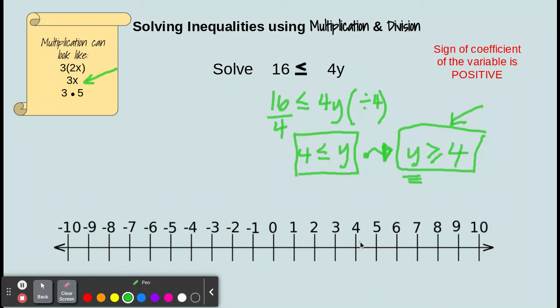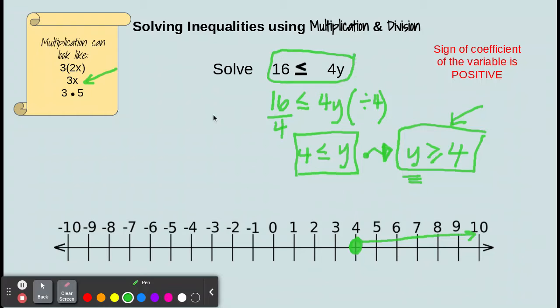So where's 4 on our number line? Here it is. It's greater than or equal to, so we need to color in the circle because our solution can include 4. And like I said, greater than goes to the right, so our lovely arrow points to the right. So let's check if y was 4.